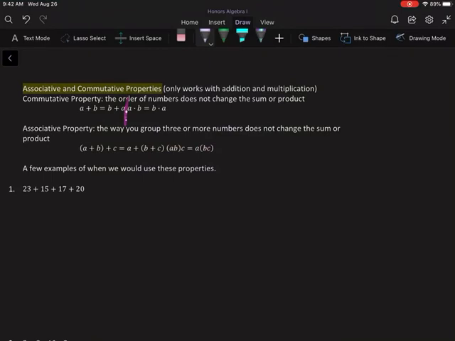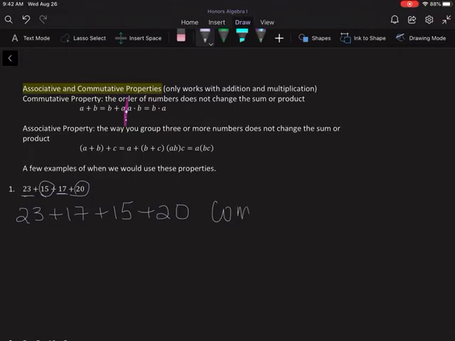So if we start off with this one here, I want to move some things around. And I want to move things around to make them nice to add. So I know this guy and this guy come together. And then this guy and this guy are easy to add. Right?